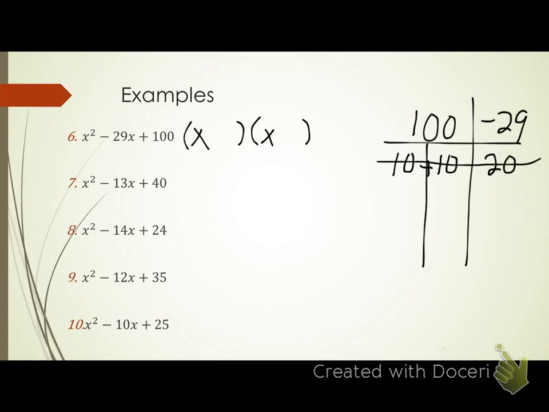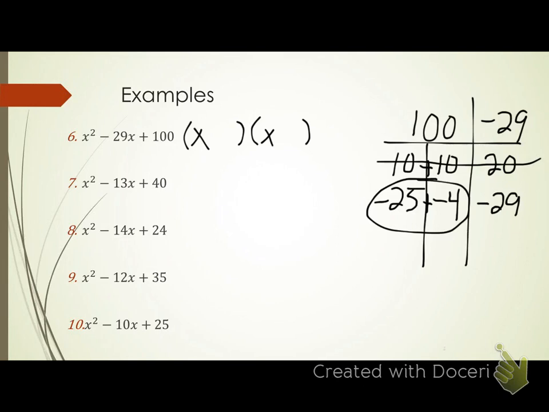No. That's not the combo I'm looking for. Negative 25 and negative 4. Does that multiply to 100? Yes. What's negative 25 plus negative 4? Negative 29. Is that the combo I want? Yes, it is. They multiply to 100, add to negative 29, so those are the two numbers that I want.